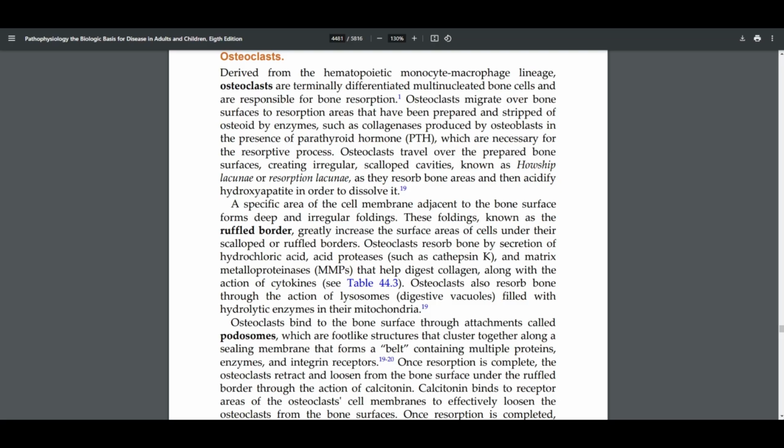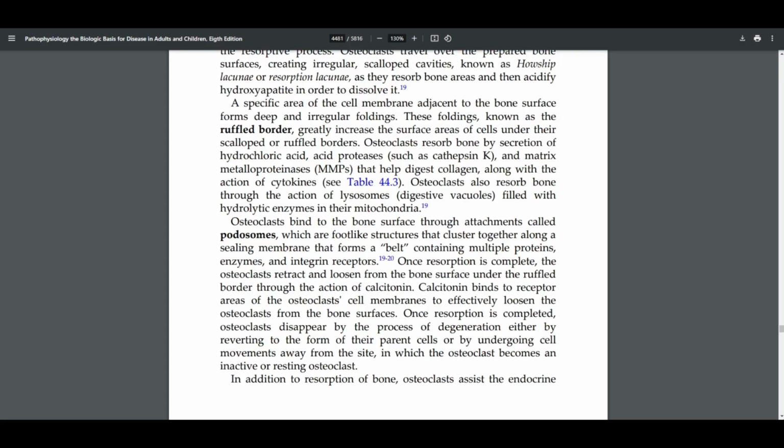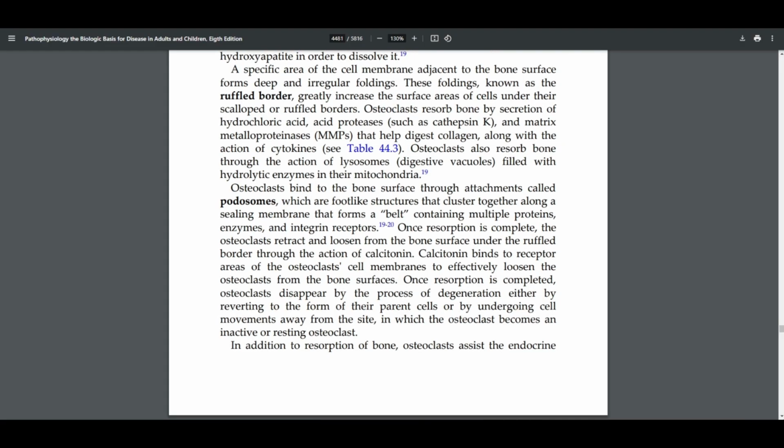These foldings, known as the ruffled border, greatly increase the surface area of the cells. Osteoclasts resorb bone by secretion of hydrochloric acid, acid proteases, and matrix metalloproteinases that help digest collagen, along with the action of cytokines.